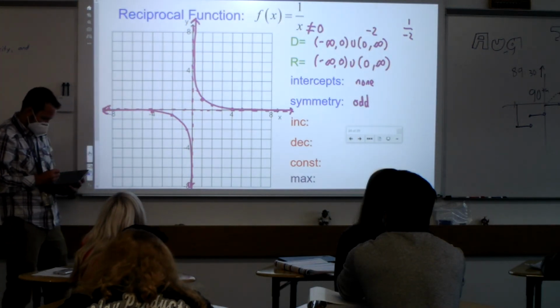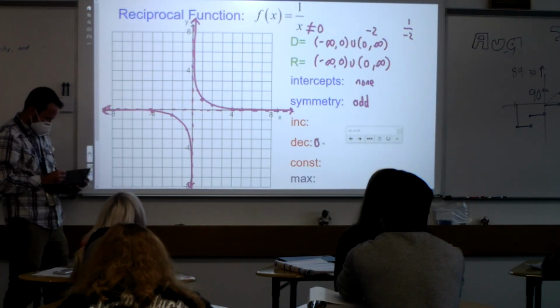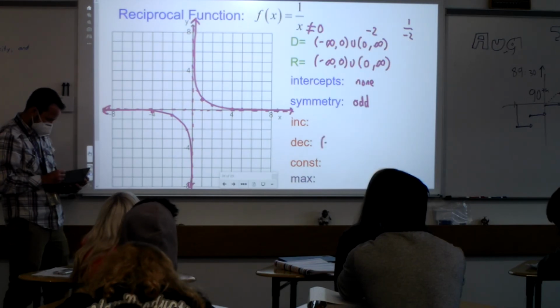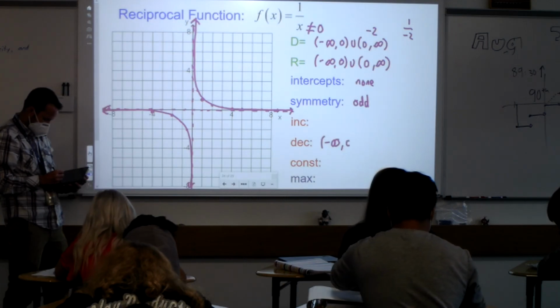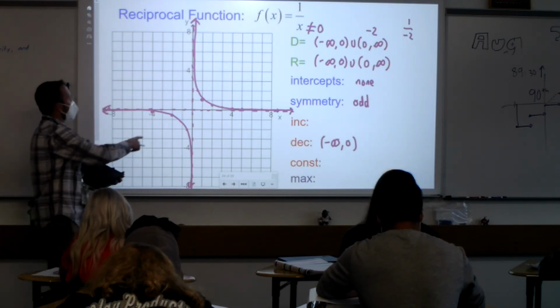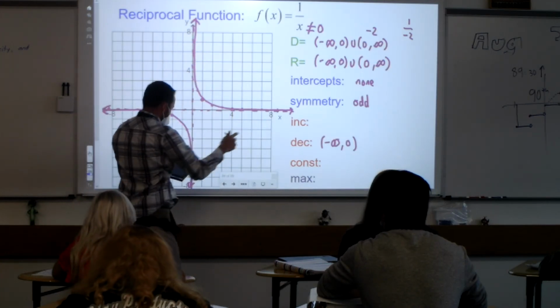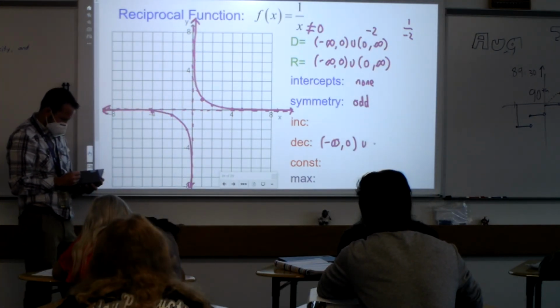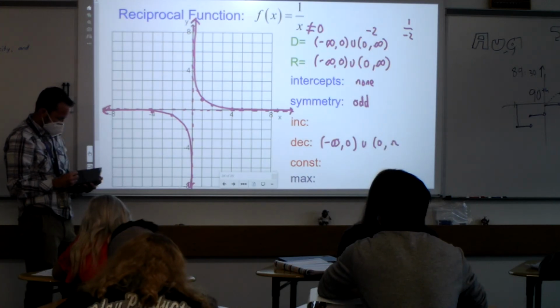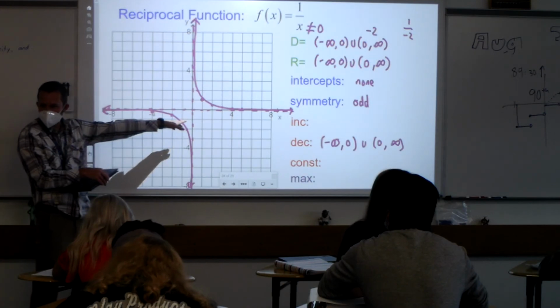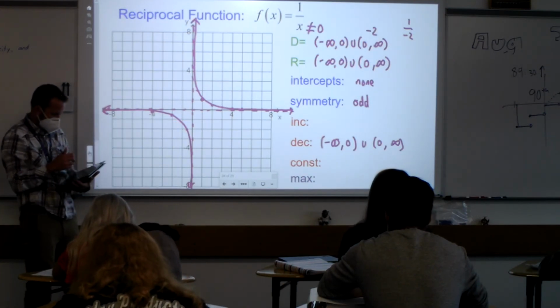So I'm going to say it's decreasing from negative infinity to 0. But then when I start clear up here, what's it still doing? Decreasing. Now, someone's like, well, it's decreasing the whole time. Why did you write it like that? Well, because I can't say it's decreasing at 0, because nothing's happening at 0, right? So that's why I wrote it like this.